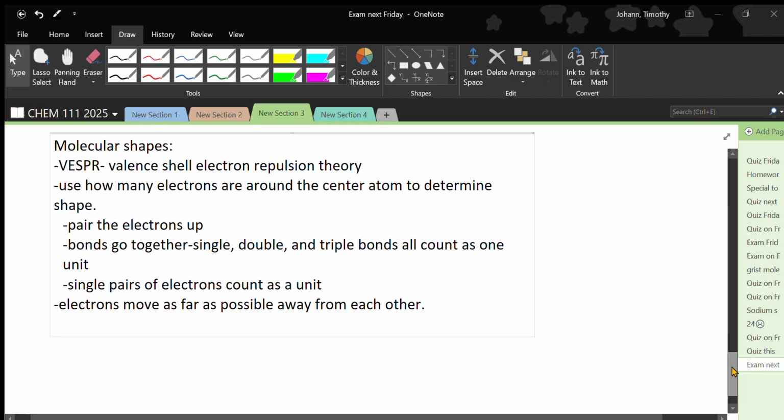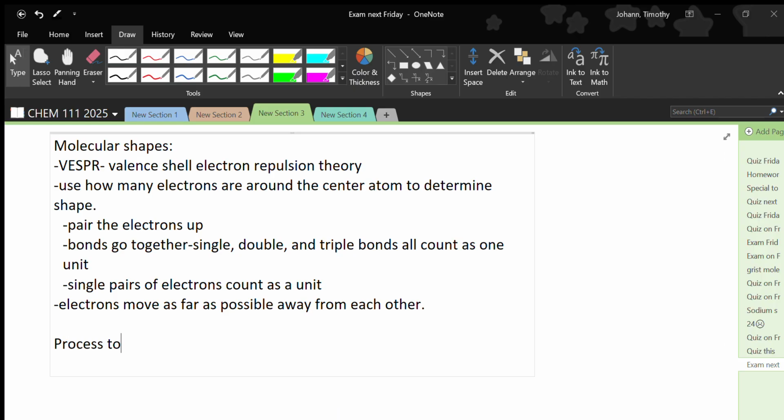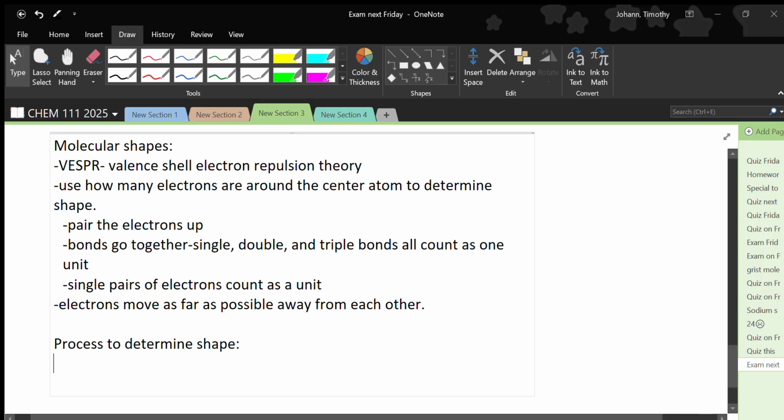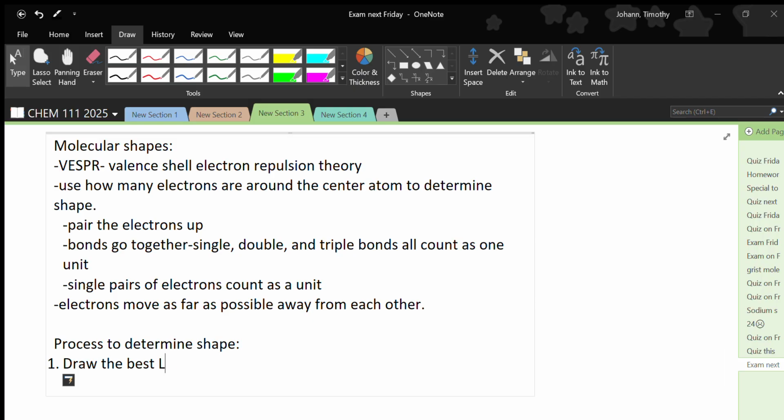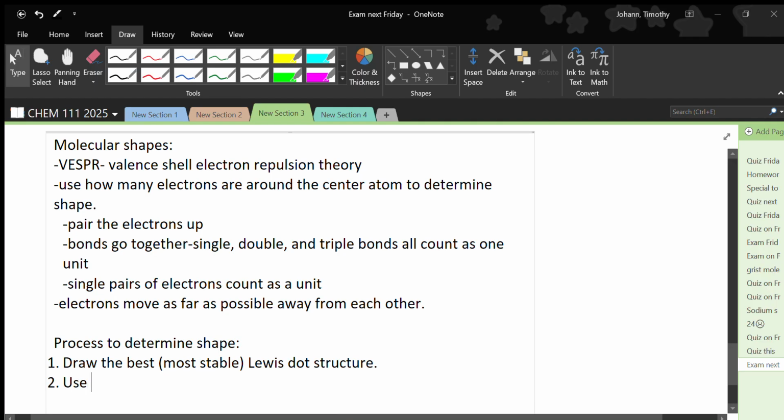So the process to determine shape is: draw a Lewis dot structure, draw the best Lewis dot structure. Once again, best is most stable. Then you use the structure to determine the shape.